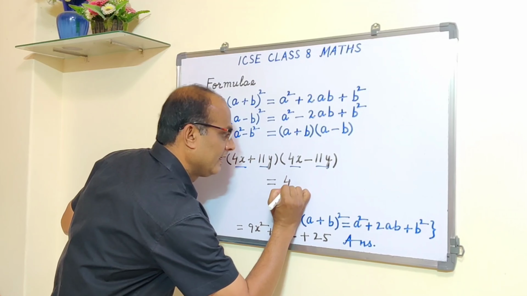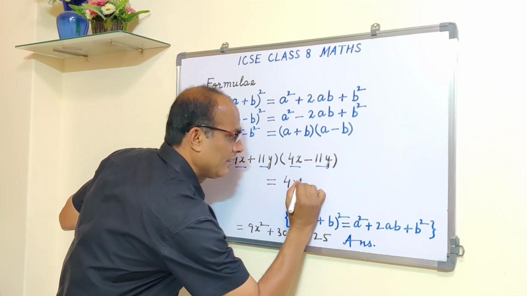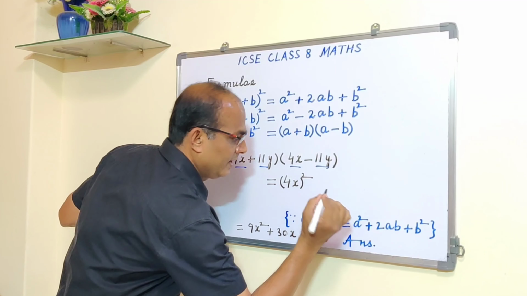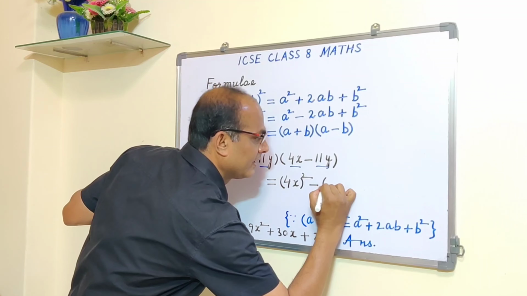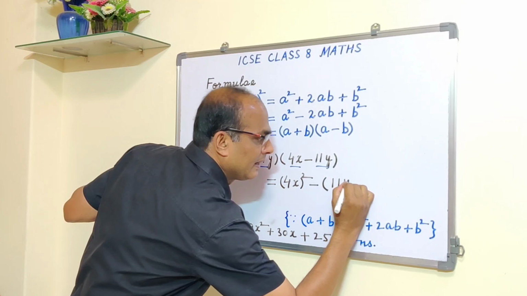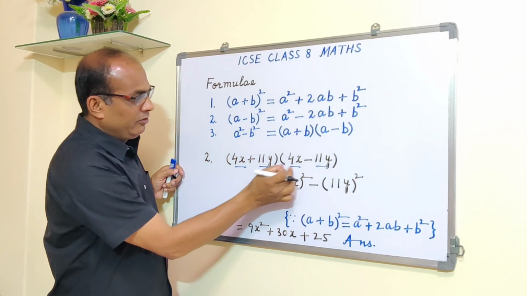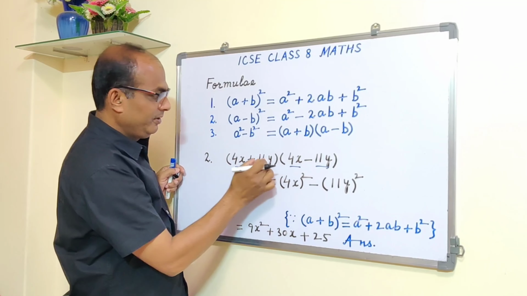So this we can write down as A square minus B square. In place of A we have 4x, in place of B we have 11y.